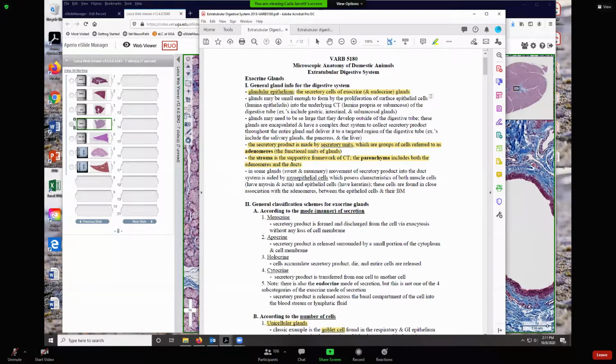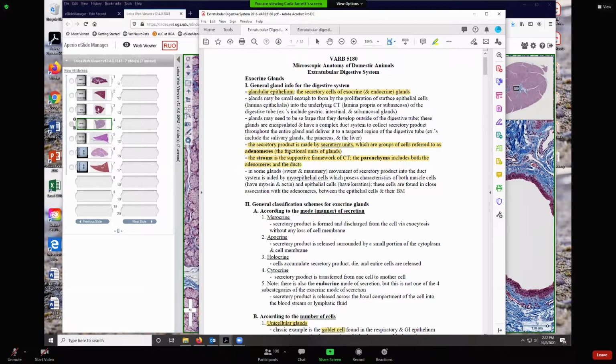The word compound means branching ducts, because the word branching was already taken for some glands, simple glands that branch. So we couldn't say branching, so we had to come up with another word for branching, and that word is compound. So ducts that branch means it's a compound gland. If the adenomere branches, then we just call that branching, okay? And that's referring to just the adenomere.